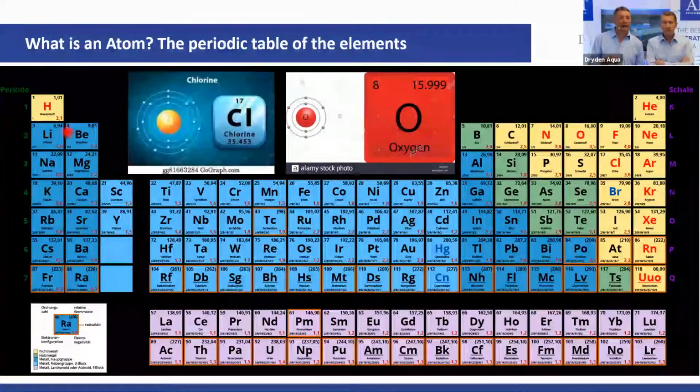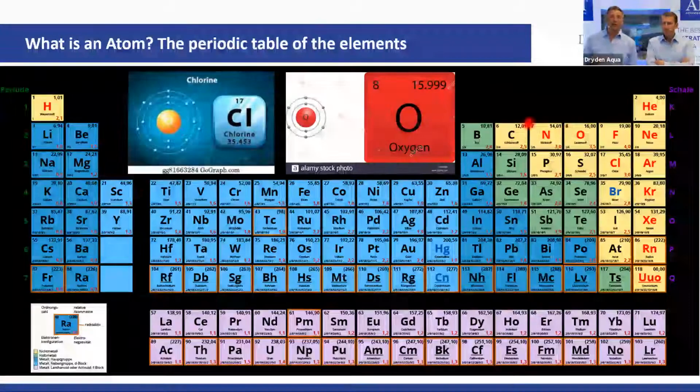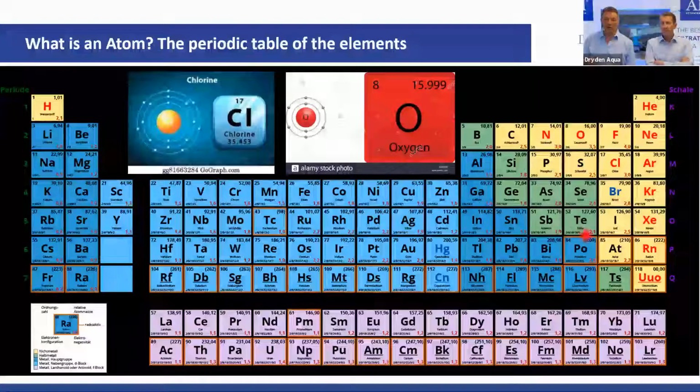Then you have these different groups. For example, oxygen is here on the 6th group: 1, 2, 3, 4, 5, 6. This is the oxygen group. So that means the oxygen has 6 electrons in the outer shell.